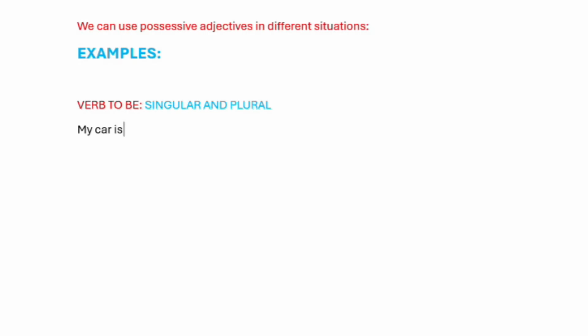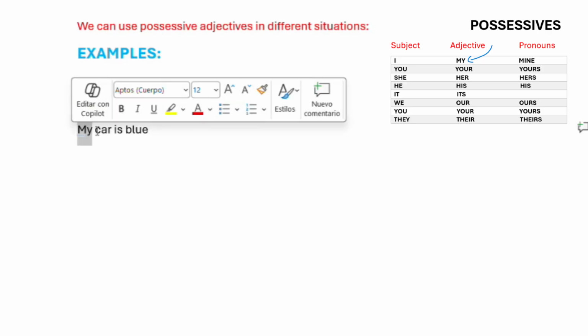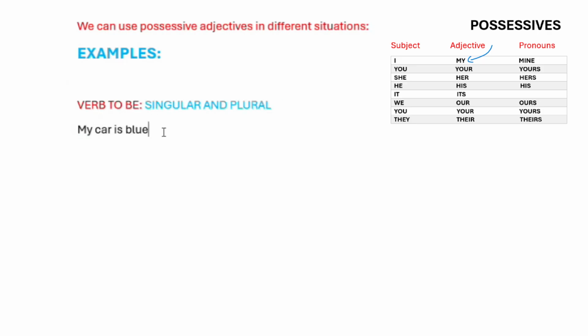My car is blue. In this case, you can see the possessive adjective at the beginning. That is my. My car is blue. Okay, what is the plural form? As you can see here, singular is this and plural is this.